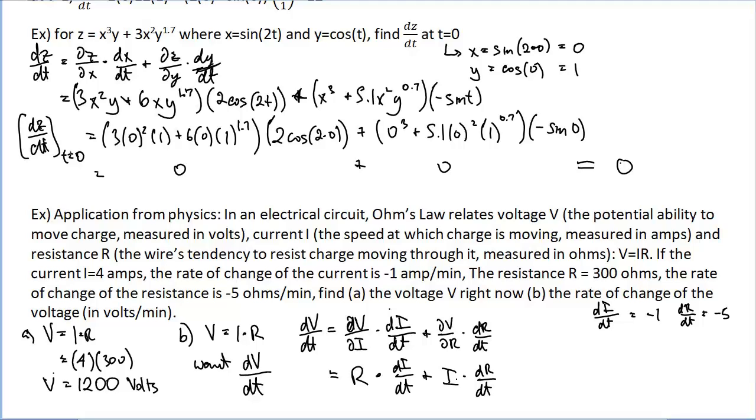But look at what we've got. We've now got expressions R, dI/dt, I, and dR/dt. All of those are for this particular moment, and we're given values for all of those.